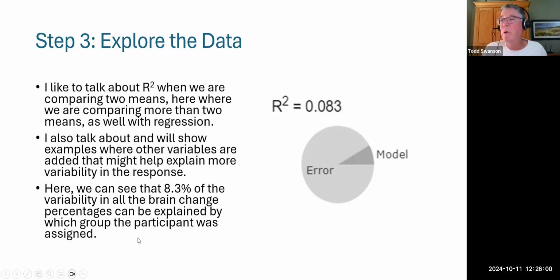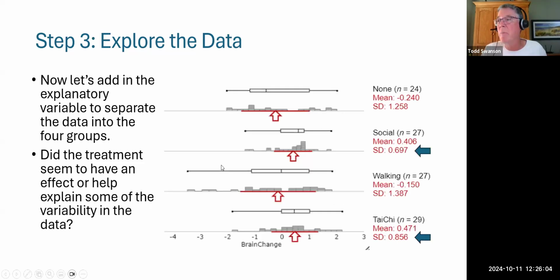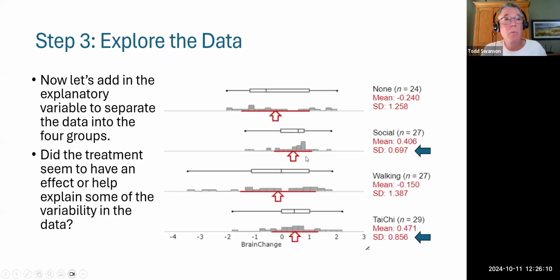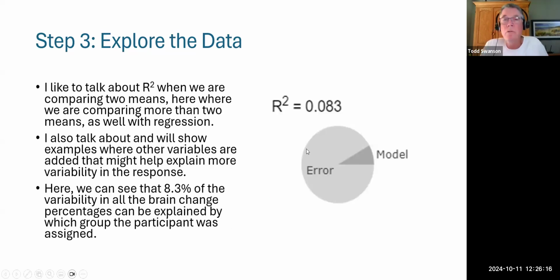And here we can see 8.3% of the variability in all those brain change sizes. If I go back here, 8.3% of all this variability going back and forth here is explained by which group they were assigned to, is explained by that treatment. And so it's not huge. It's fairly small, but it will end up being significant.